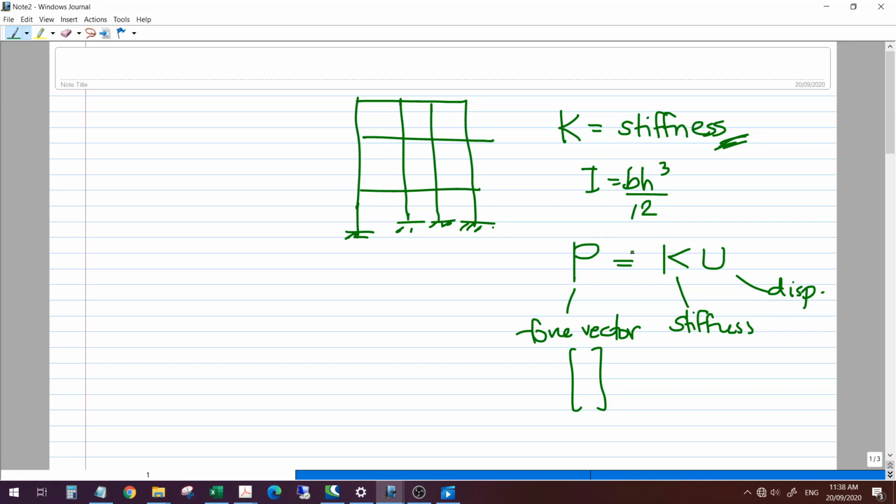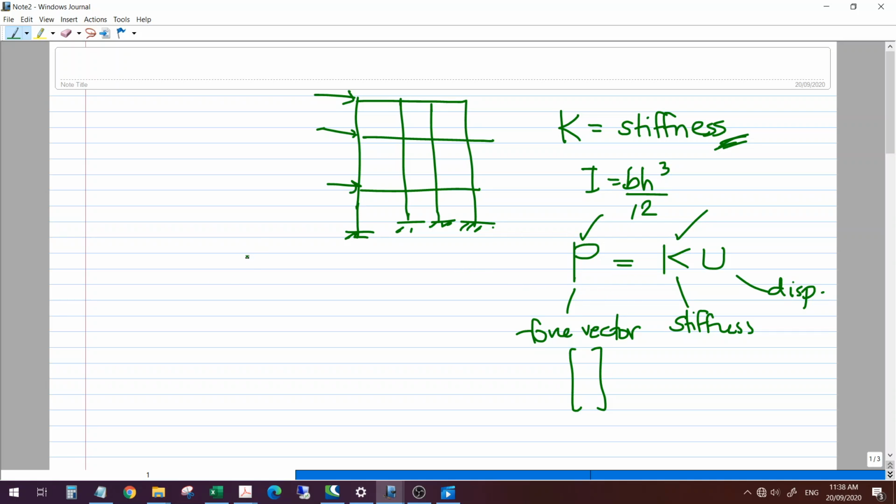So, in this structure, P is given, we assign it as engineers. And the stiffness will be given because you model it. You assign the property, the cross-section of the building. So, given those, it's a one equation, one unknown problem. But remember, we're dealing with matrices.